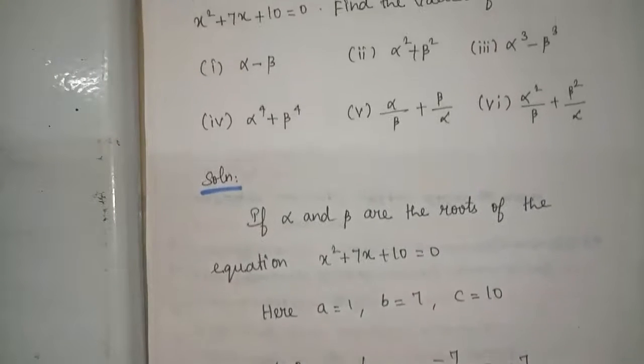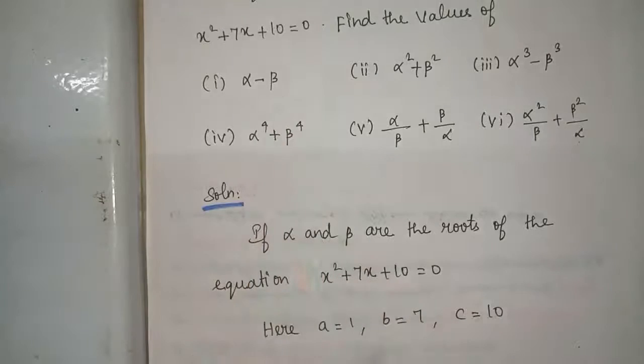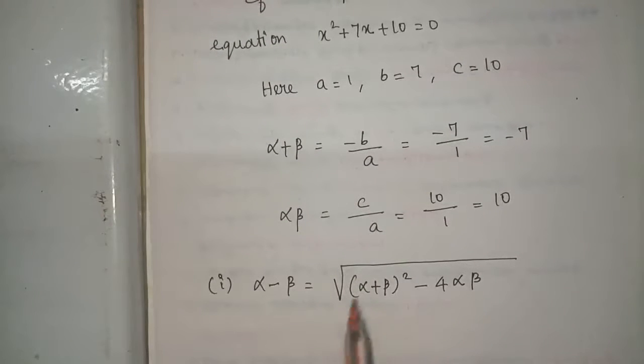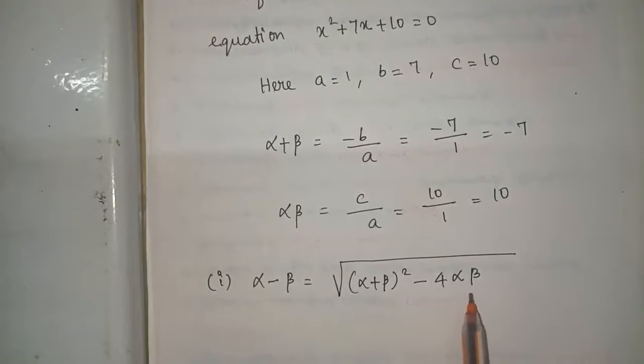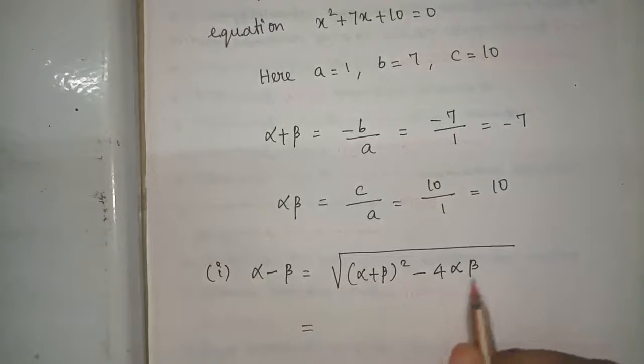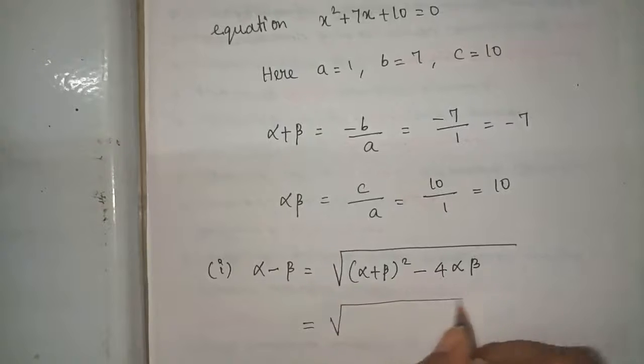So first subdivision, you have to find the value of alpha minus beta. The formula for finding alpha minus beta is equal to root of (alpha plus beta) the whole square minus 4 alpha beta. Now substitute the values of alpha plus beta and alpha beta in the formula.